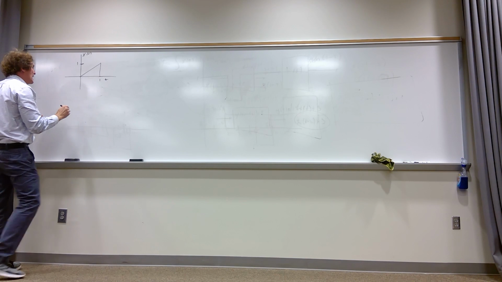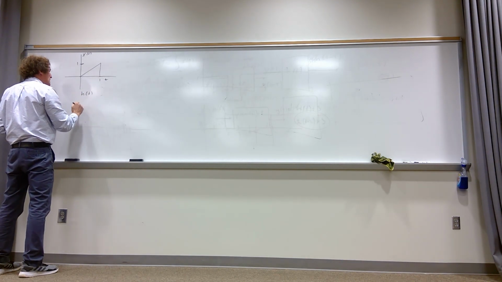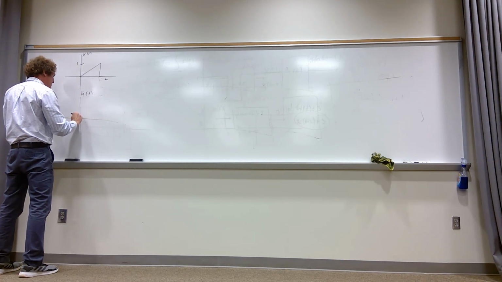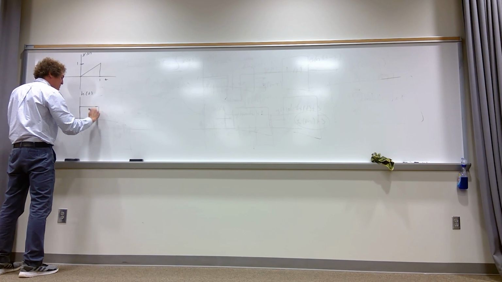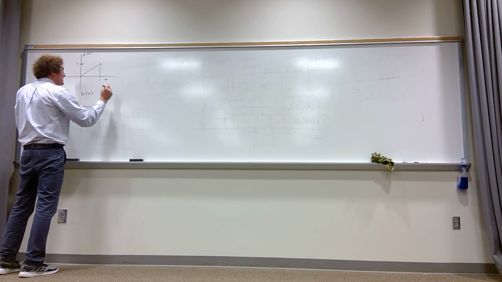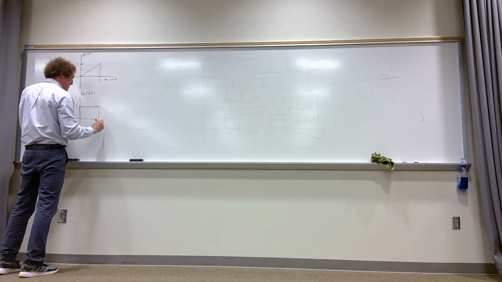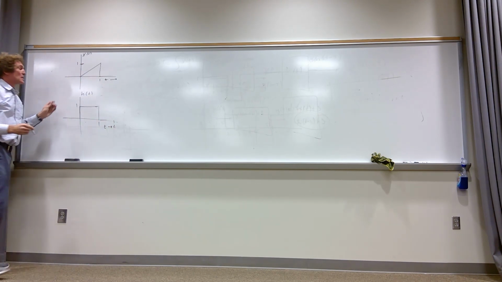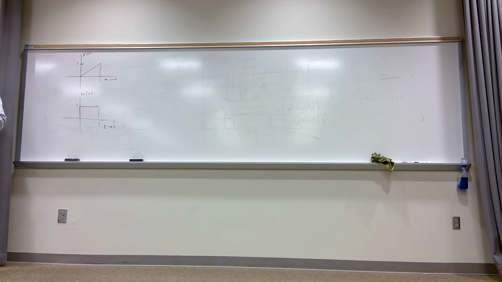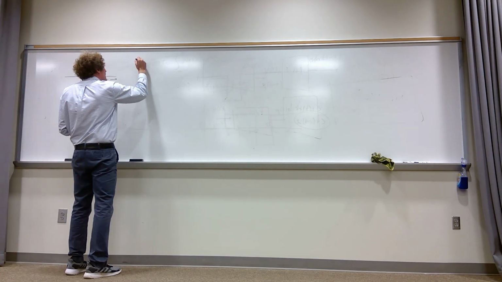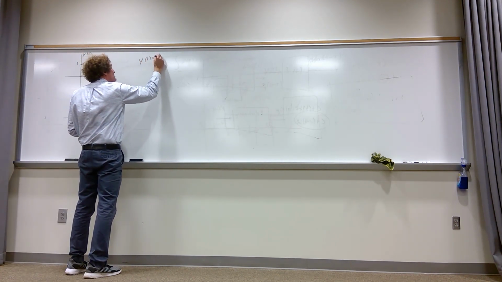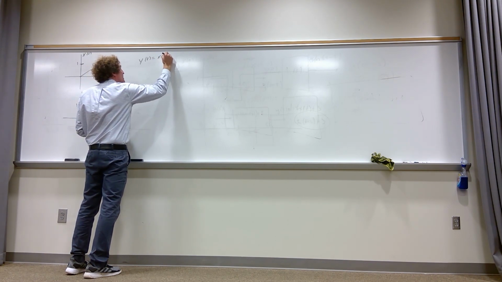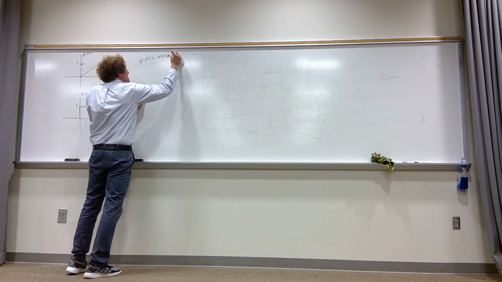And my h of t is going to look like this. And this is t, by the way, this way. So now I want to convolve these two functions. I'm looking for the convolution y of t equal to x of t convolved with h of t.